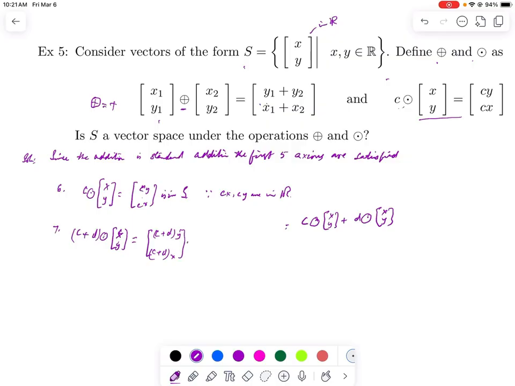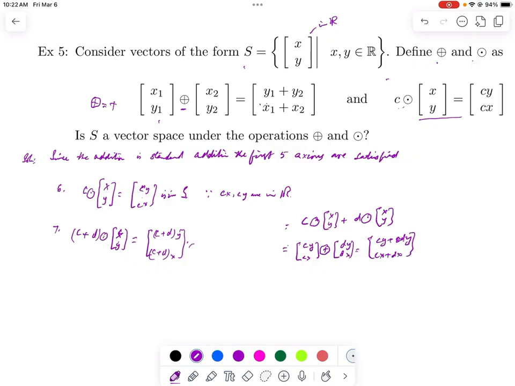On the right hand side, we get cy, cx plus dy, dx. Now addition is the usual, so we get cy plus dy and over here, cx plus dx.